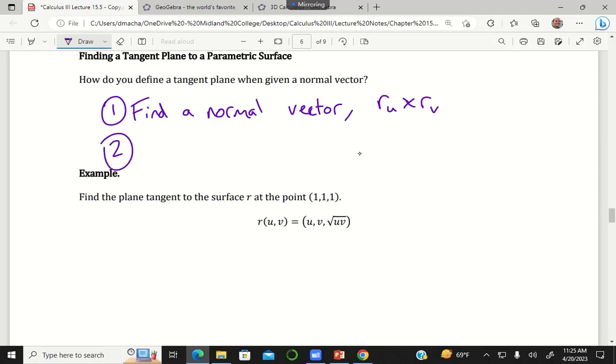And then step number 2 is that if you know what that normal vector is, I'm going to name it capital N for normal vector. So I've got this 3-dimensional vector.